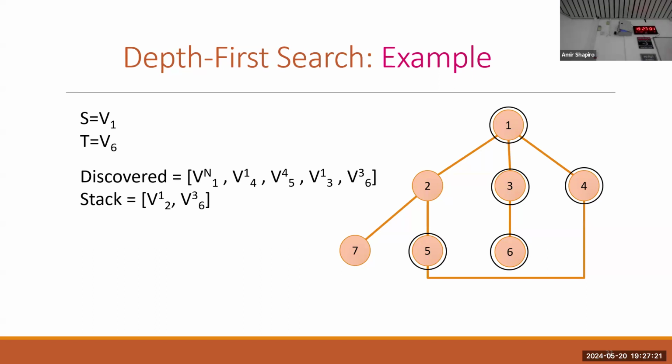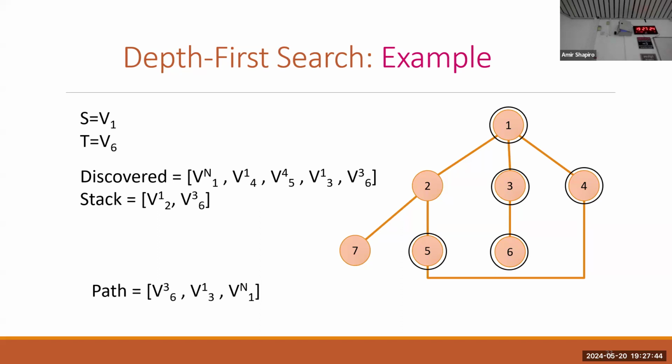So now we go from 6 to 3, and from 3 to 1 along the back pointers. So the path is from 6 to 3, from 3 to 1, and from 1 to 9.